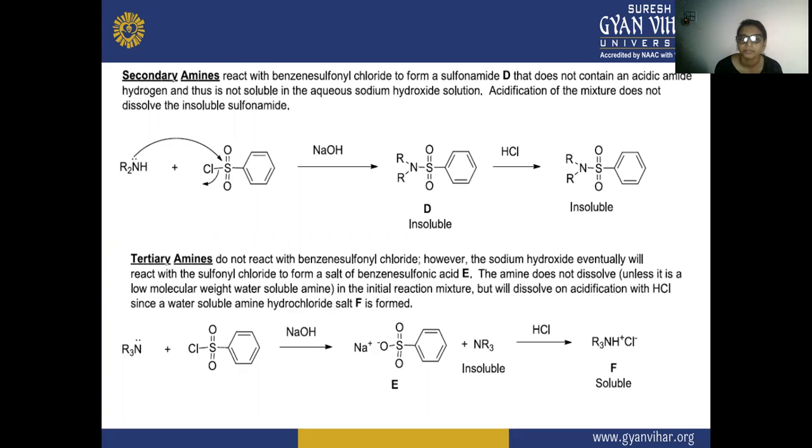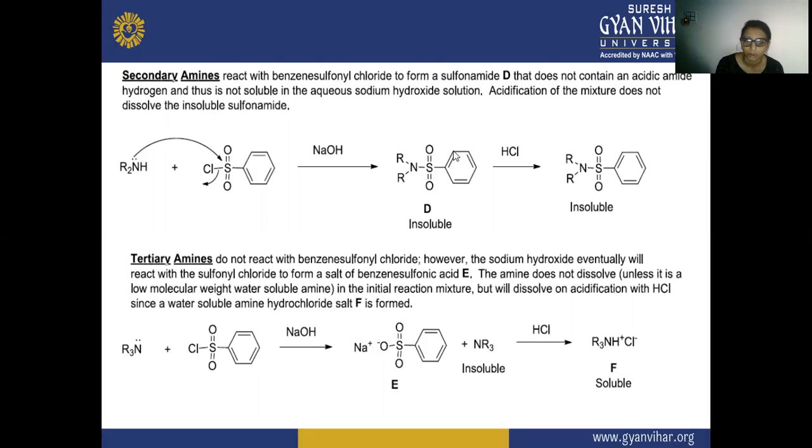In this secondary amine, the H is removed from here, and the Cl is removed from here. So this H and Cl will form a bond, that is your HCl, and here it will get the negative charge, and this S is getting the positive charge. So there is a formation of a bond, and the sulfonamide is formed.